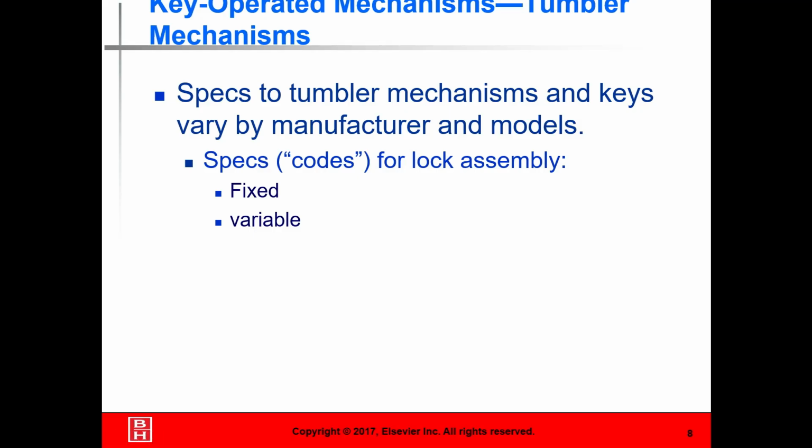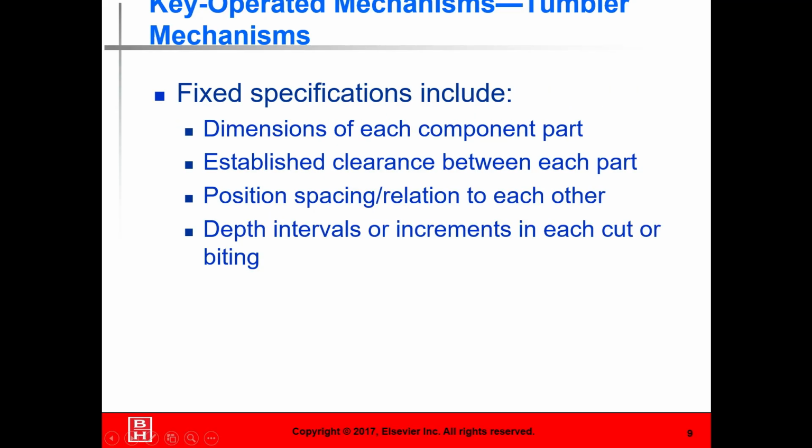Every manufacturer has a different set of specifications, whether fixed or variable, that allows us to use what we need. Fixed specifications, the dimensions of each component, establish the clearance of the part and allow us to open a door.